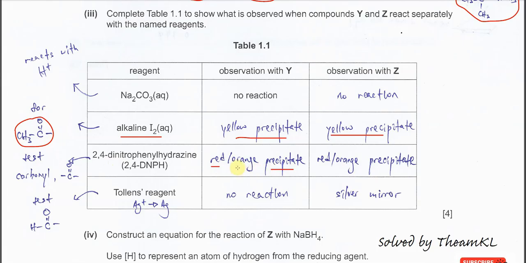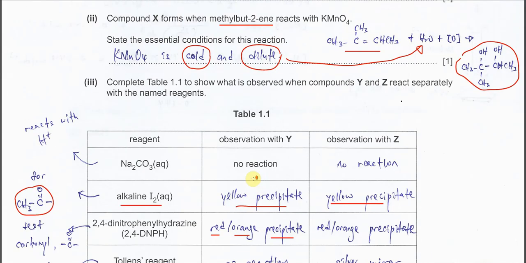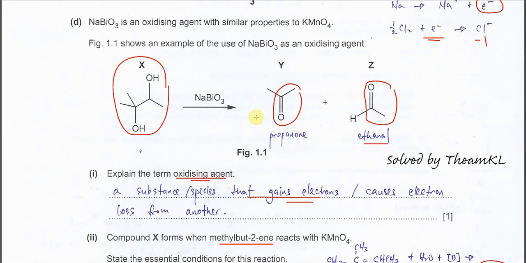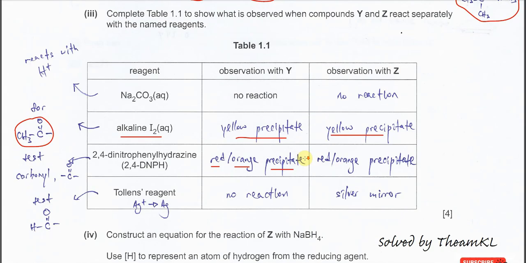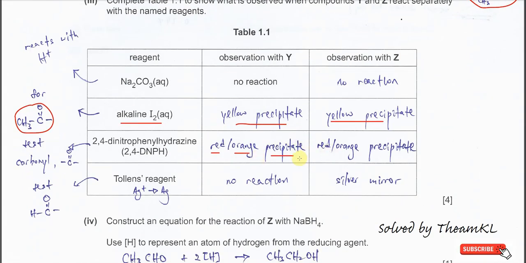You can put orange precipitate, it's okay. Because Y is a ketone and Z is an aldehyde, they have the carbonyl group. So both compounds will give the red precipitate with the 2,4-DNPH. So that's why you get this answer.